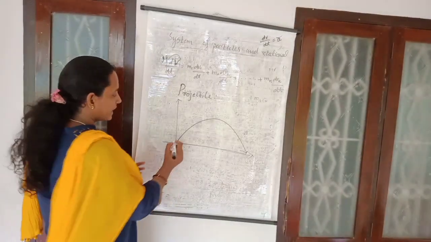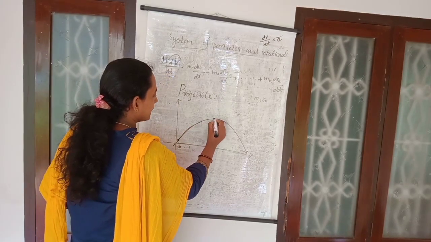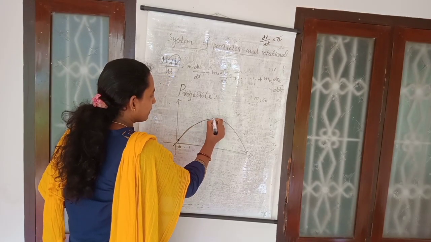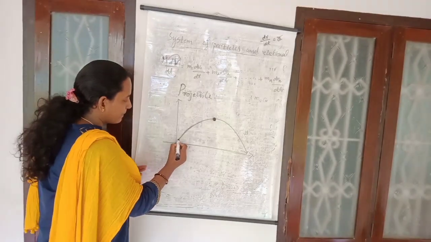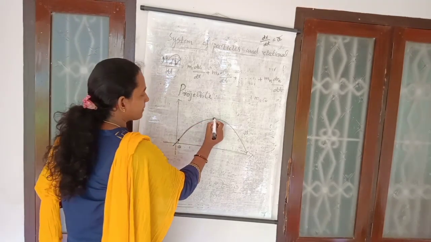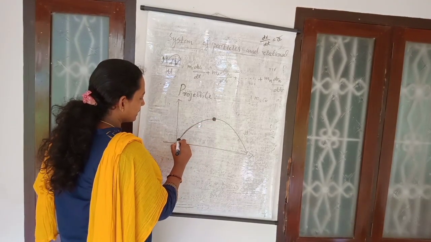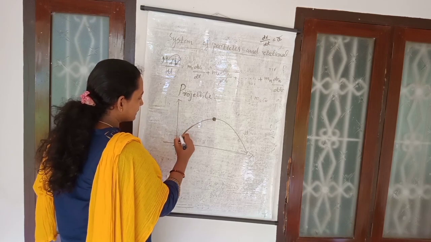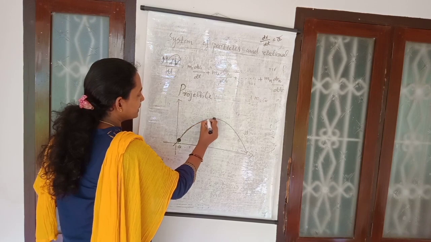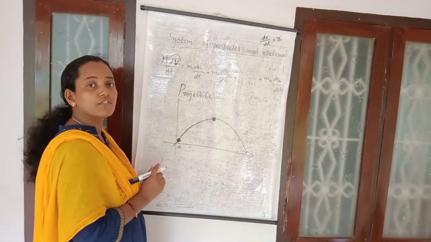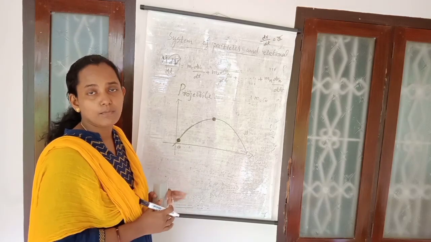Suppose a projectile, a bomb or something, is fired from here. It follows a parabolic path in the air. This projectile is made up of a system of particles, therefore it has a center of mass. So while studying the motion of that body, we just want to consider the movement of its center of mass. No need to consider the number of particles present in that projectile system.